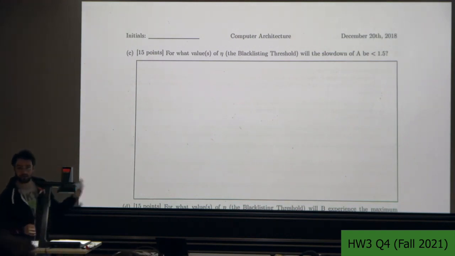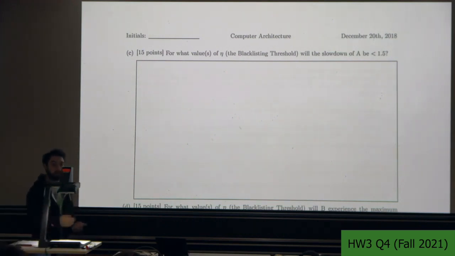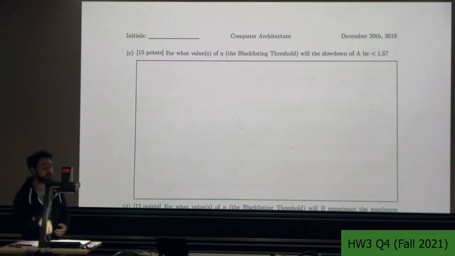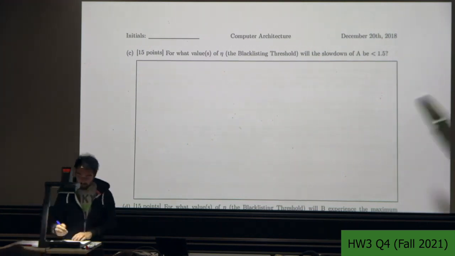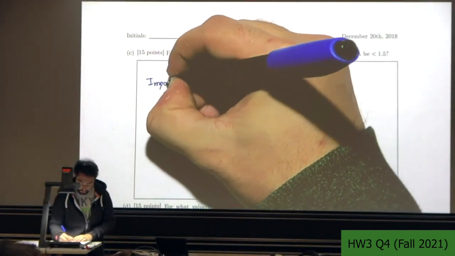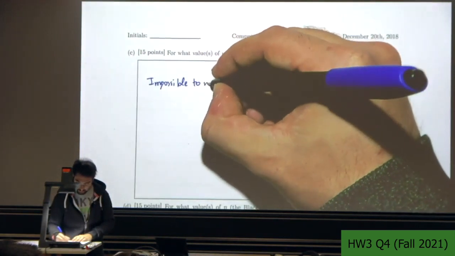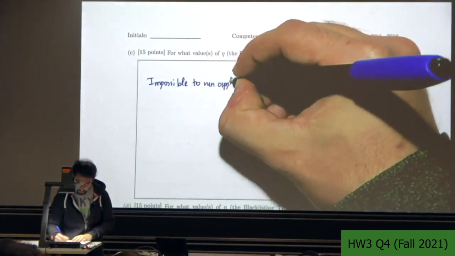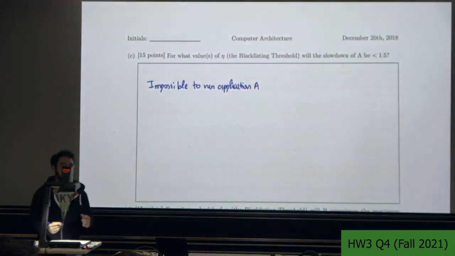If you look carefully, we cannot have application A running and application B blacklisted without A being blacklisted. This is impossible. If you check the patterns, it's impossible to run application A without blacklisting it and blacklisting B.